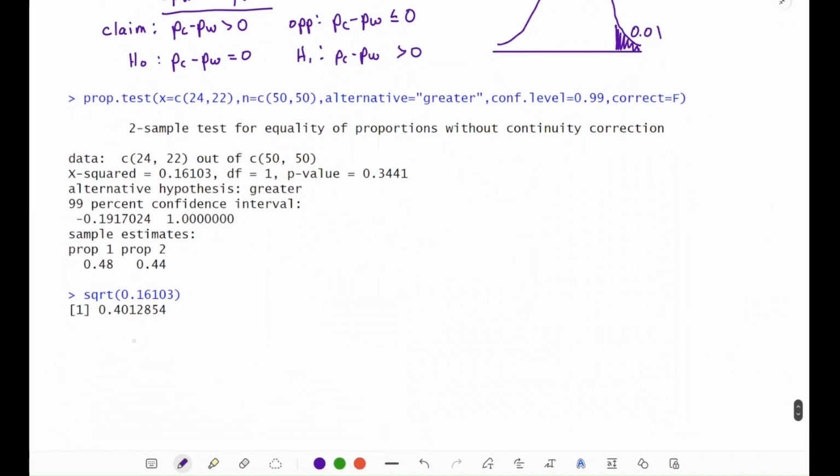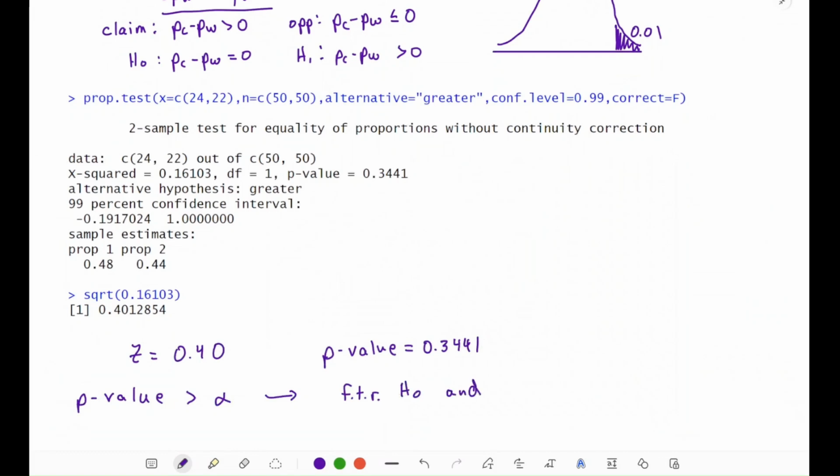So our test statistic is the positive 0.40, and our p-value is 0.3441. Now, since our p-value is greater than alpha this time, because alpha is 0.01, that implies we fail to reject the null, and we fail to support the alternative.